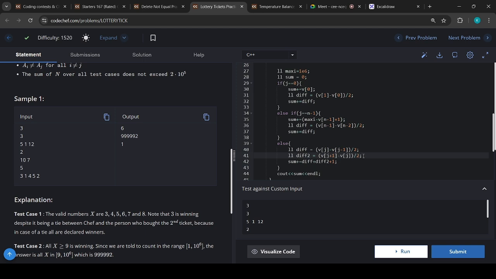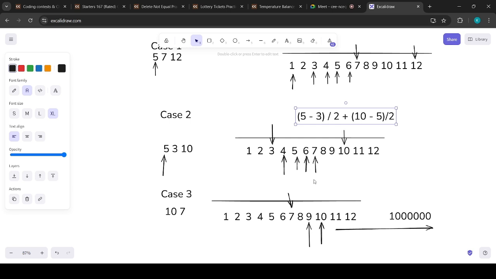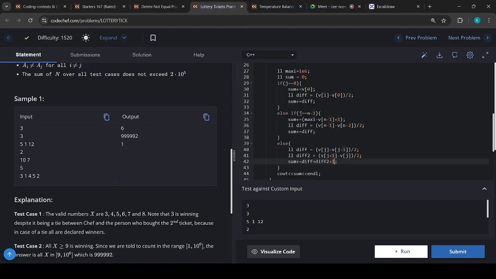So we will get how many numbers there are in this range. I am adding plus 1 because I have not taken the number which is taken by chef. So I am adding an extra 1, so we will get the correct answer.